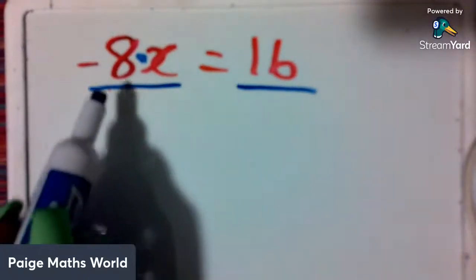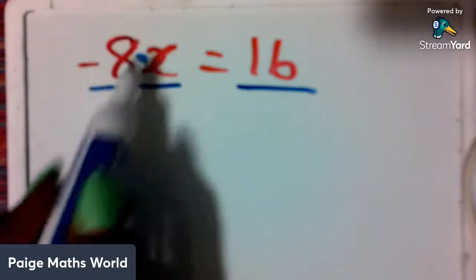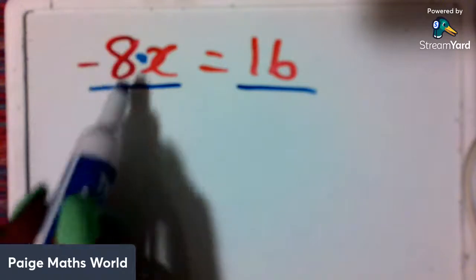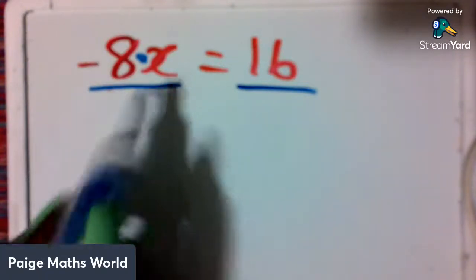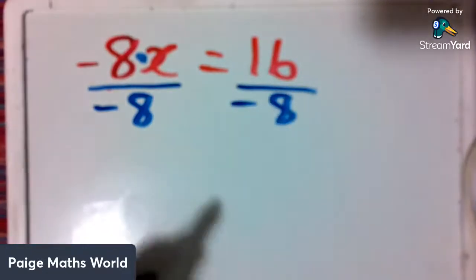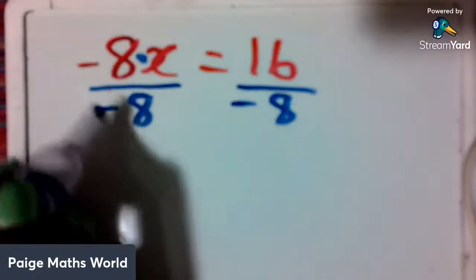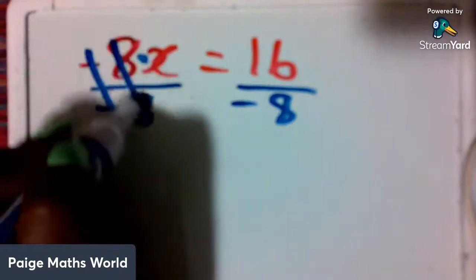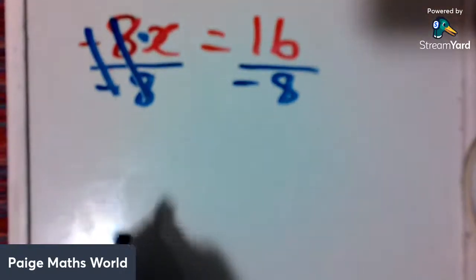Of course, whatever is attached to the variable. In this case, negative 8 is attached to the x, so we have to get rid of negative 8. Everybody's following me? Negatives cancel, 8s cancel, and what is remaining is your x.